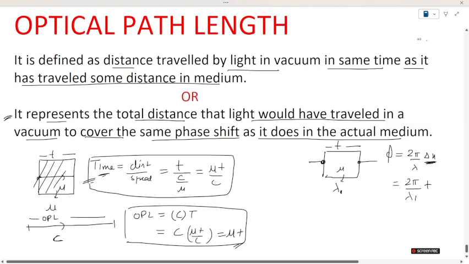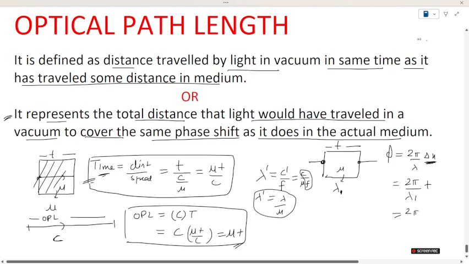Now we can write, this is the lambda of the medium. Lambda of the medium is equal to the speed in the medium upon frequency. Speed in the medium is speed in vacuum upon mu. Frequency will remain the same. So lambda dash is equal to lambda in vacuum upon mu.